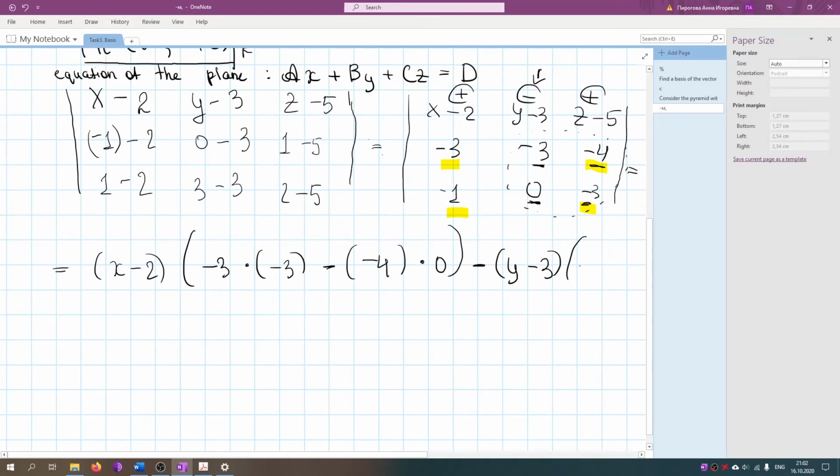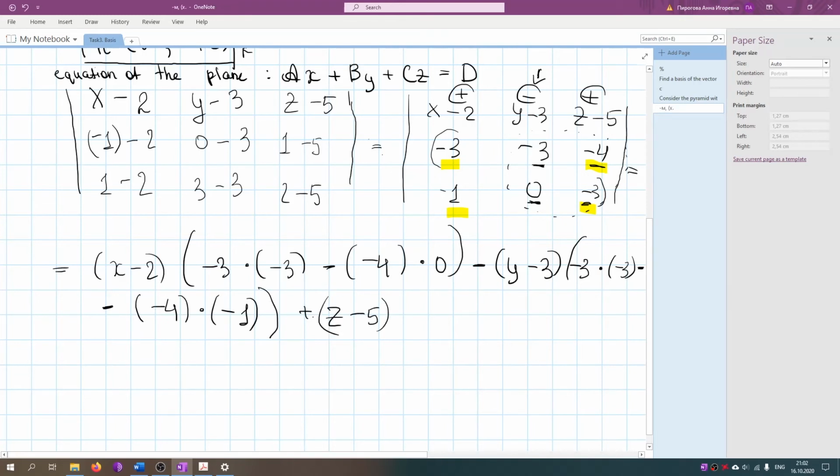So here we have minus 3 multiplied by minus 3. Yes, like this number, minus minus 4 multiplied by minus 1. So this yellow number and this yellow number. Close the brackets. And the third element will be z minus 5.